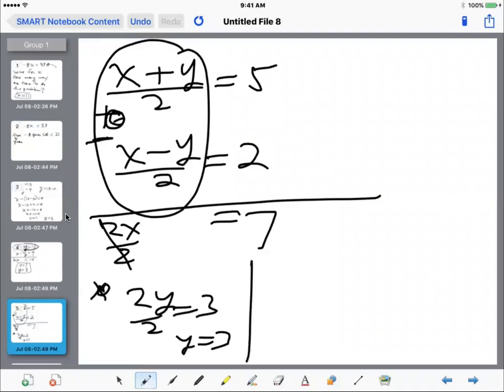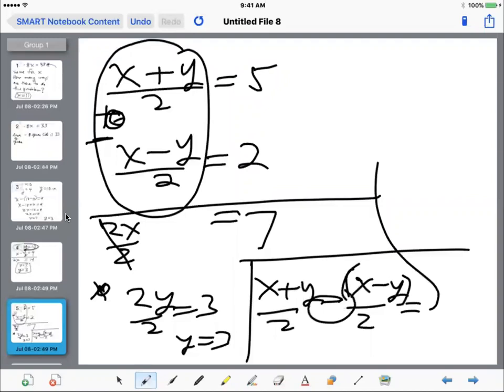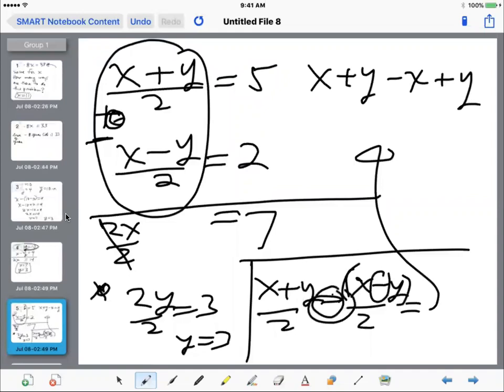Because when you subtract, (x plus y) over 2 minus (x minus y) over 2, you have to be very careful about this negative sign out here. If I wanted to get rid of these parentheses, it would be x plus y minus x, and then this minus would become a plus y because you distribute that negative through.